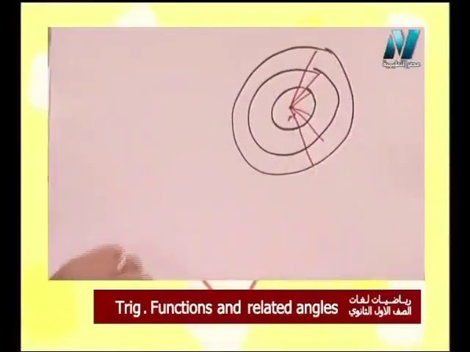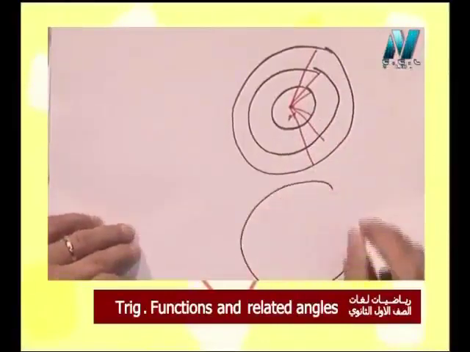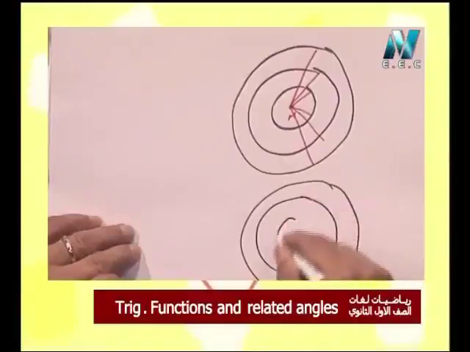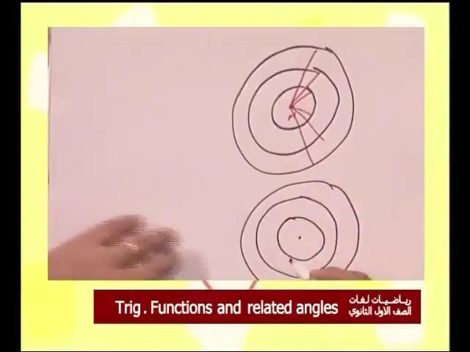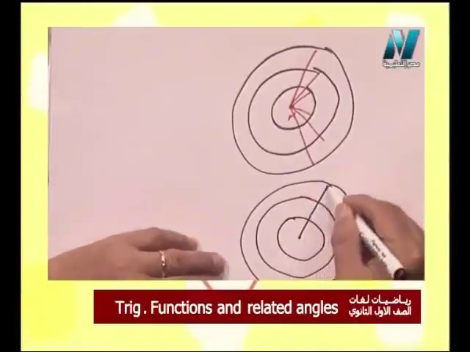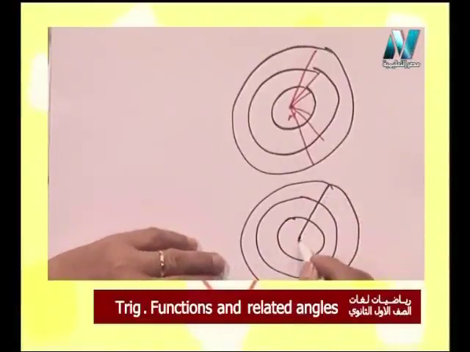Or we can draw another circles like that, and we have the same circle, and draw one ray and another one.